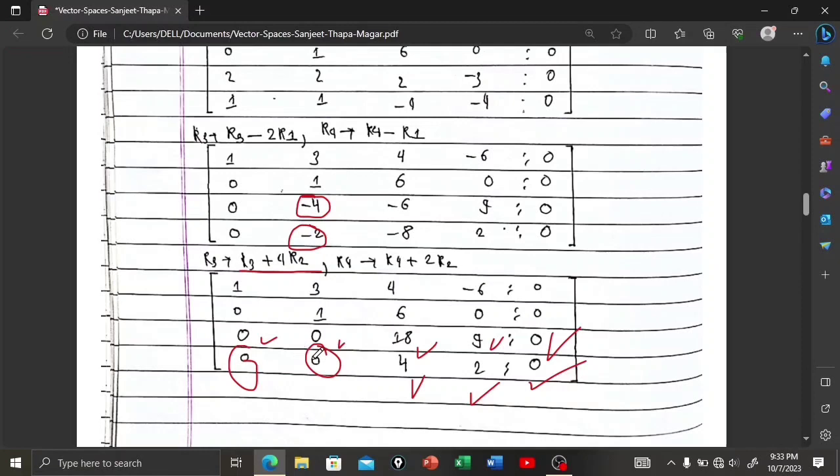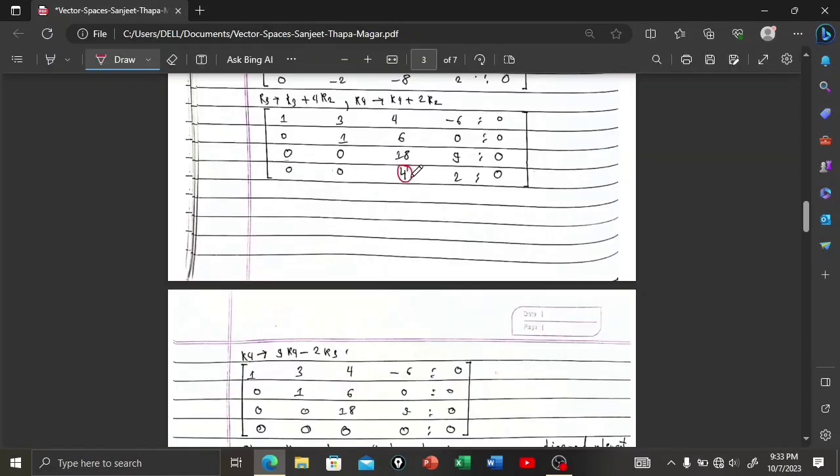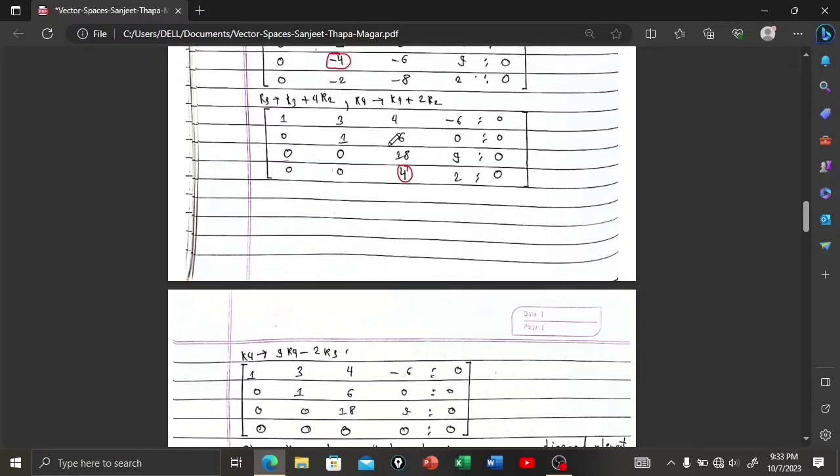Now this is the diagonal element. The final step is to make 0 over here. If you multiply this by 9, it will be 9 into 4, 36. If you multiply this by 2, it will be 18 into 2, 36. So 36 minus 36 is 0.